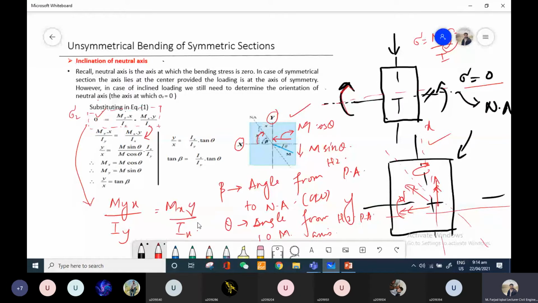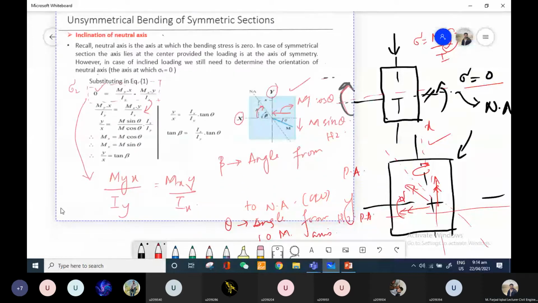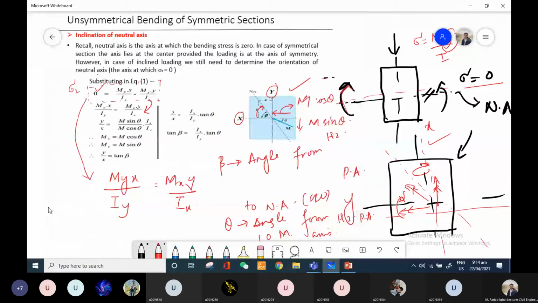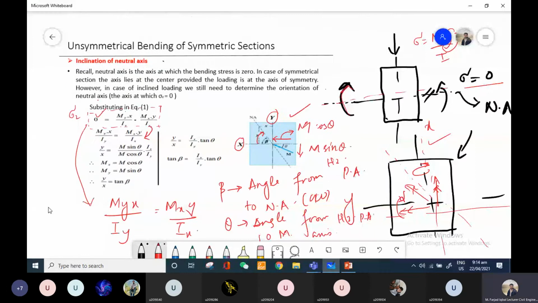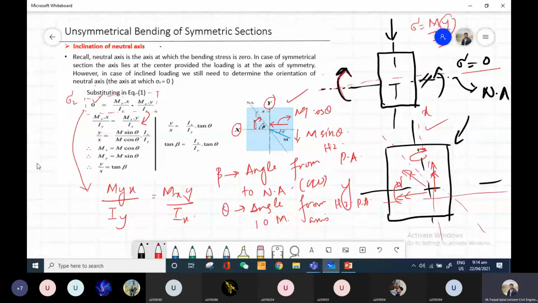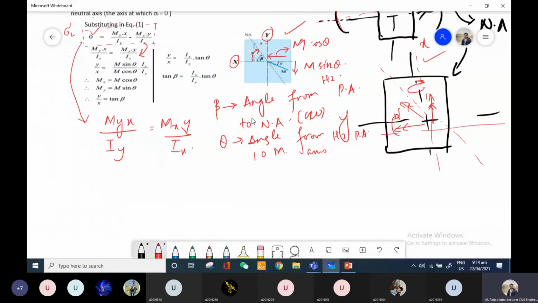If I substitute the values of My and Mx into this one, I will get My is M sine theta into x over Iy equals M cos theta into y over Ix.